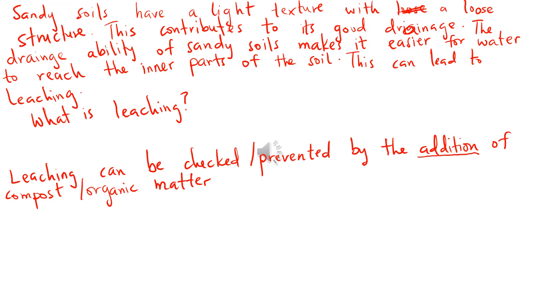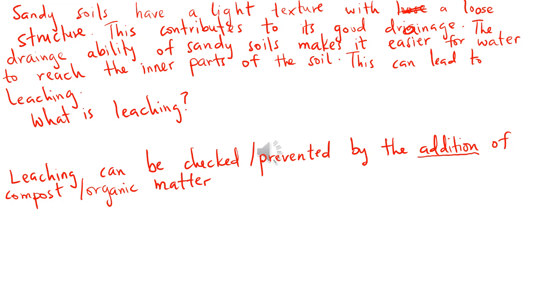Leaching is the movement of water soluble plant nutrients deep into the soil, beyond the reach of plant roots, due to rain or excess irrigation. So that is how we define leaching. You see leaching usually in sandy soils.